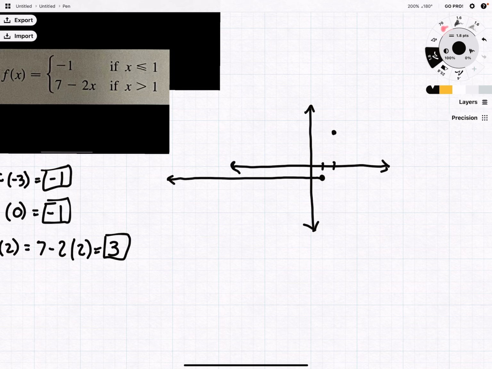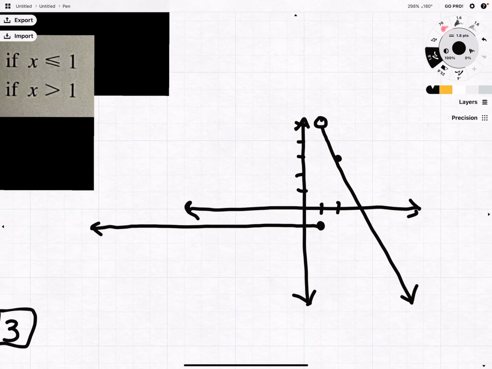If we were to plug in 1 for x, we would get 7 minus 2, and that would give us 5. So at 1, 2, 3, 4, 5, we will have an open circle here. And then we'll just go ahead and connect the two points and keep going down.